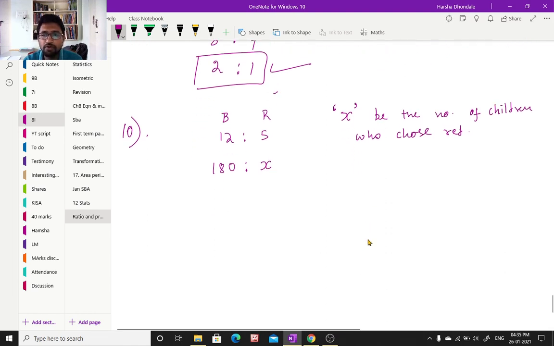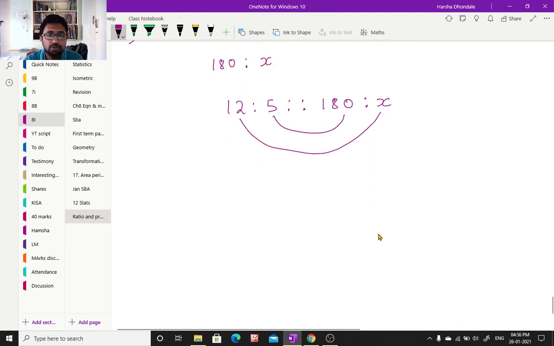Now we will make use of proportion here. 12 is to 5 is in proportion with 180 is to X. See here, blue to red. The order is correct, so perfect. Cross multiply: 5 and then 180, 12 and then X. 12X is equal to 5 into 180, and then X is equal to 5 into 180 divided by 12.